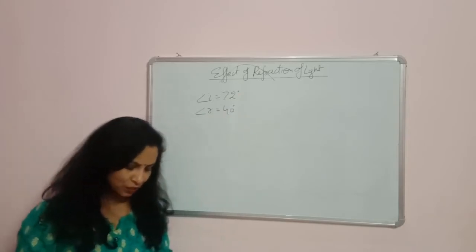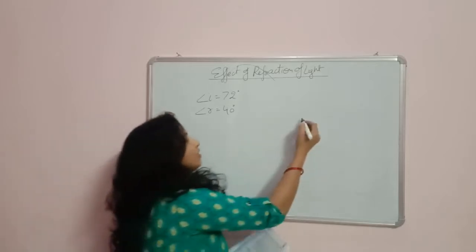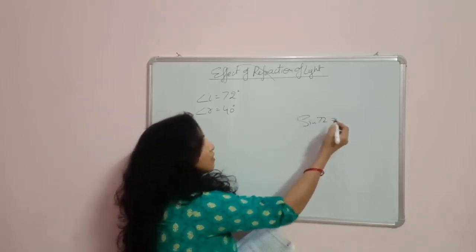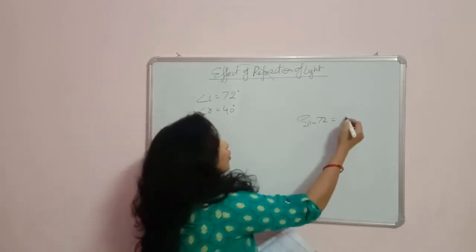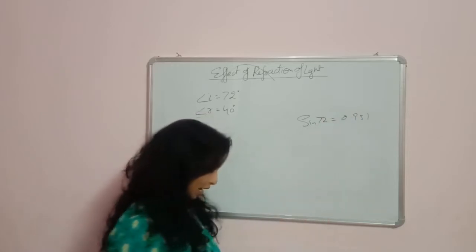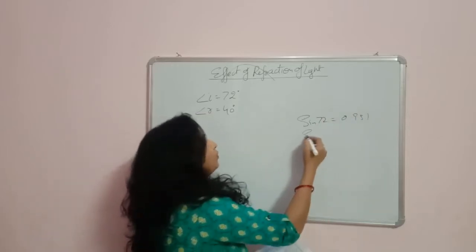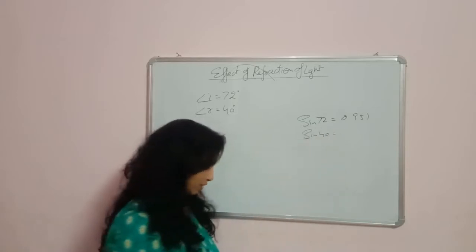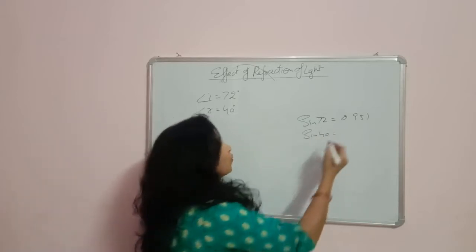Calculate the refractive index of the substance X. It is given that the value of sine 72 is 0.951, and the value of sine 40 is 0.642.